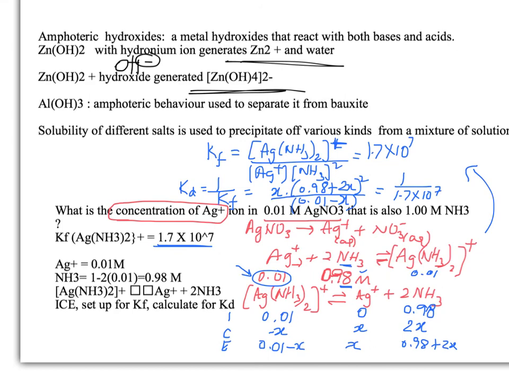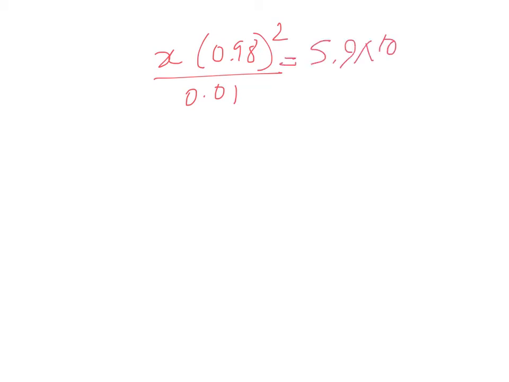I have a feeling I have calculated this before, but anyway. Let's basically solve for x. Hopefully you can see that you would be able to use the approximation. X is going to be too small. So this basically should boil down to x times 0.98 squared divided by 0.01, which will be equal to 5.9 times 10 to the power of negative 8.